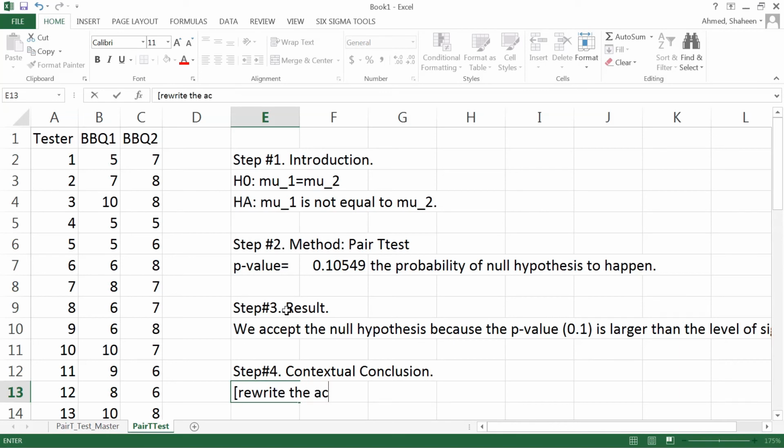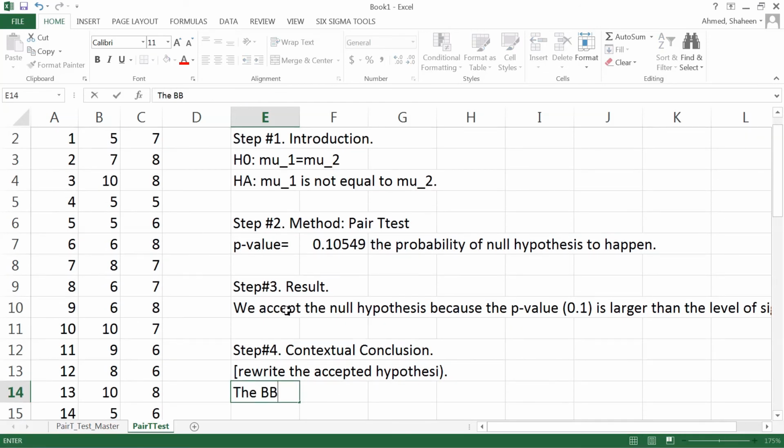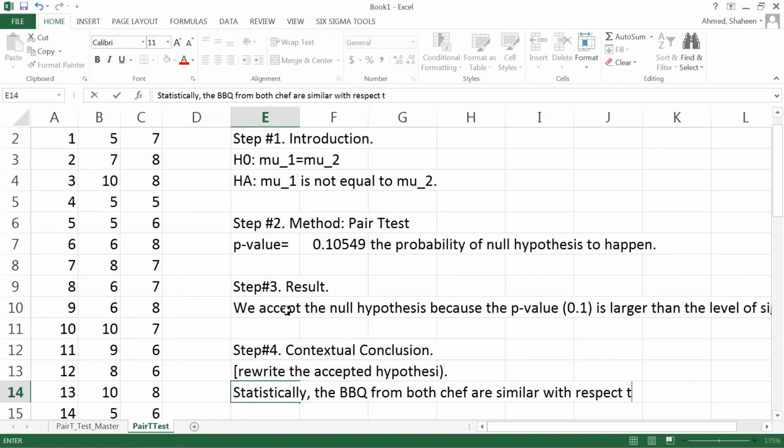So we accepted the null hypothesis, so we're going to write that the barbecues from both chefs are statistically similar with respect to deliciousness, like that.